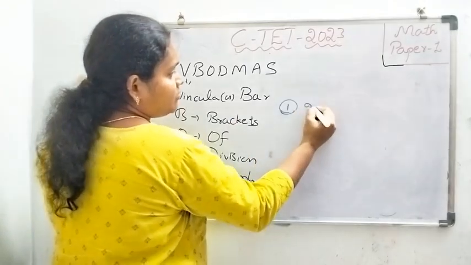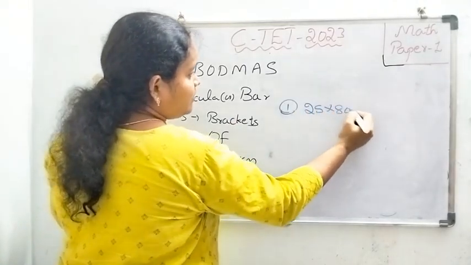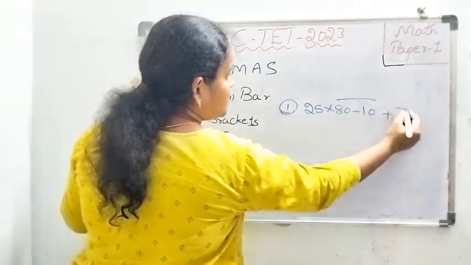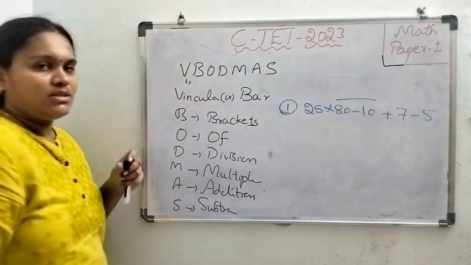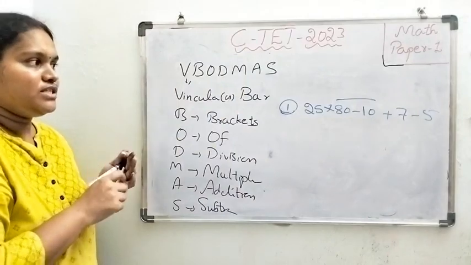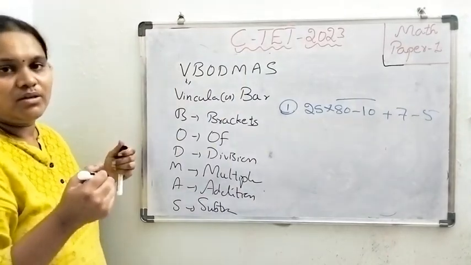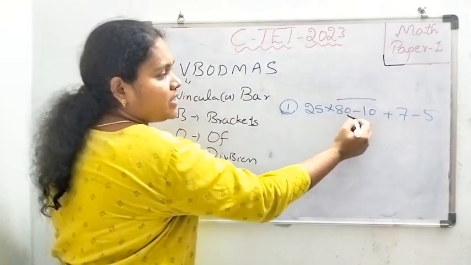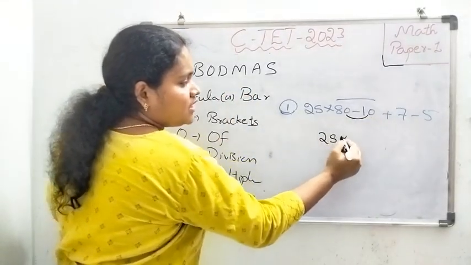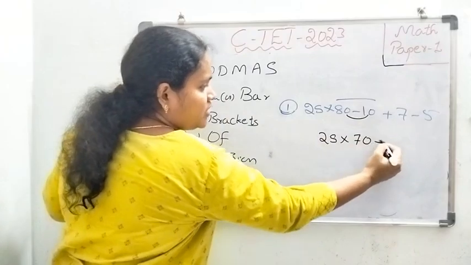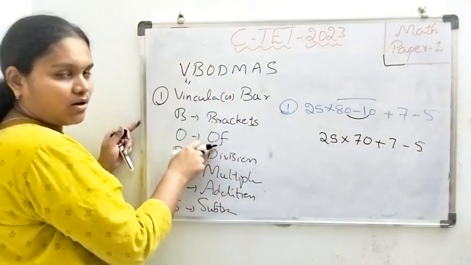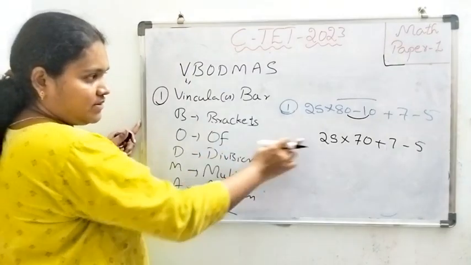For example, 25 into 80 minus 10 bar plus some question. Here we can notice into, plus, minus and bar. In this case the first preference we should give to the bar. So 80 minus 10 is how much? It is 70. Next preference is brackets. There are no brackets. Next is of. There is no of. Next division. Division is not there.